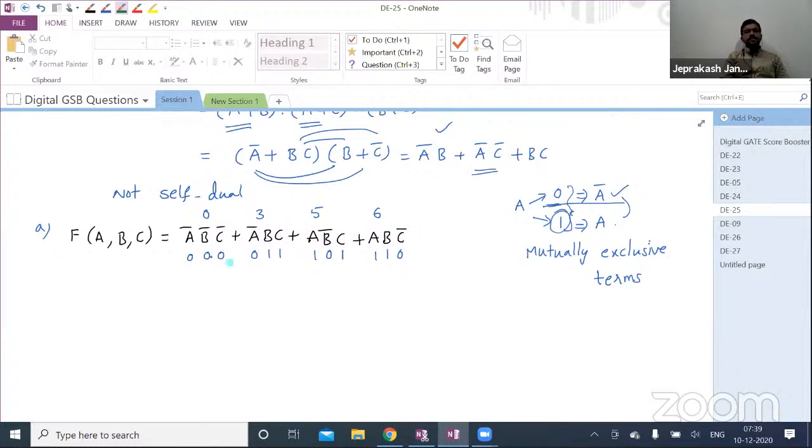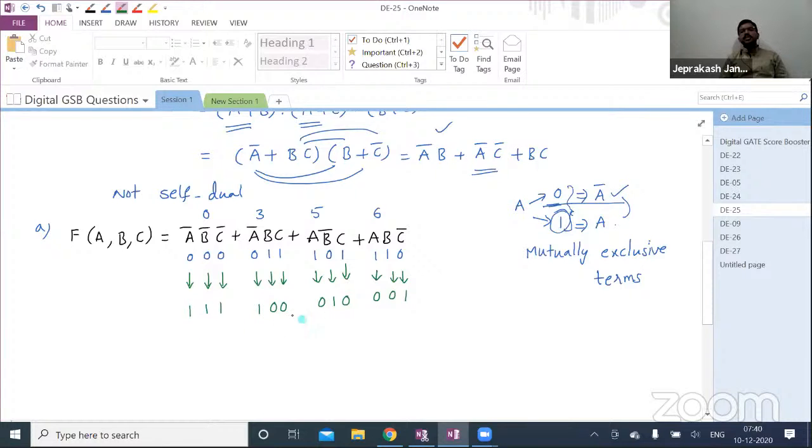Now whatever values you have, just complement each and every value, then you'll get 111 from 000, then 100, 010, 001.